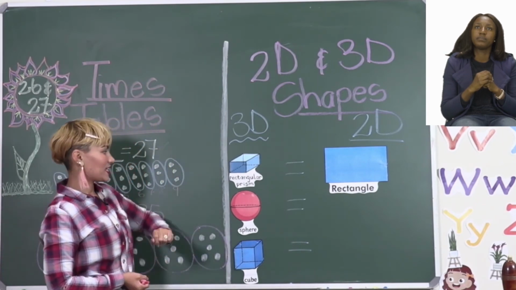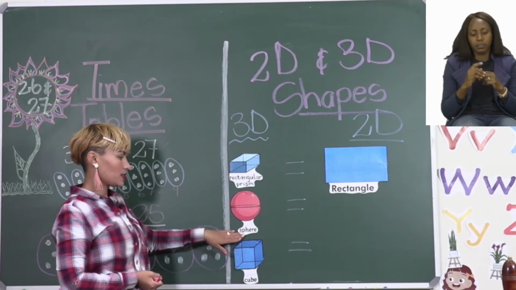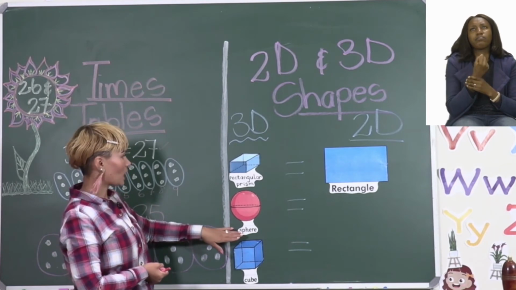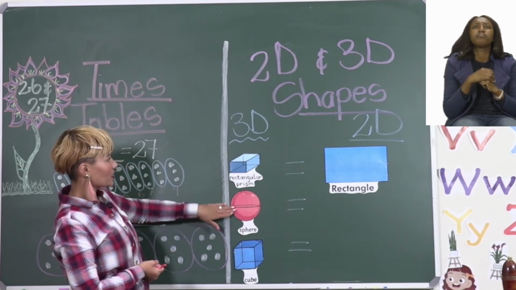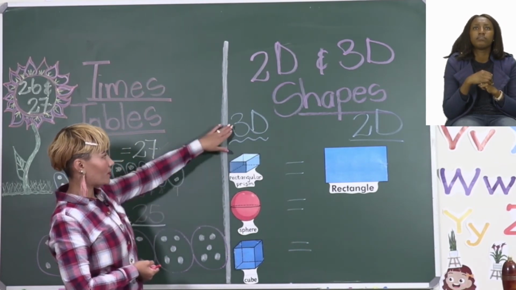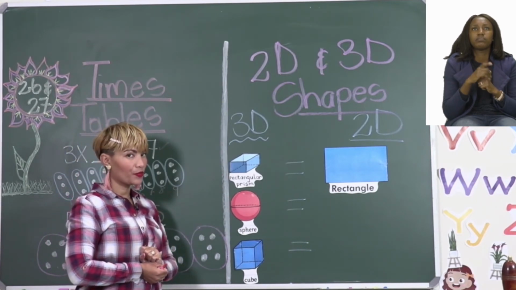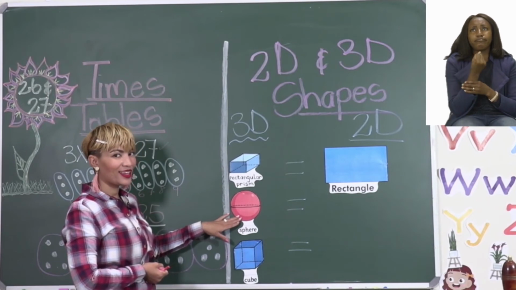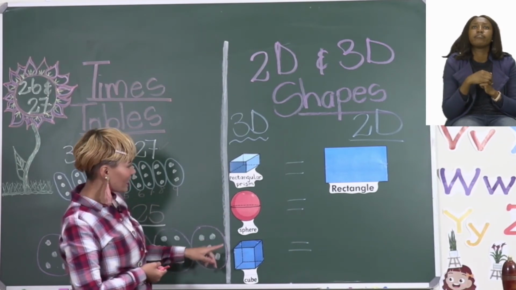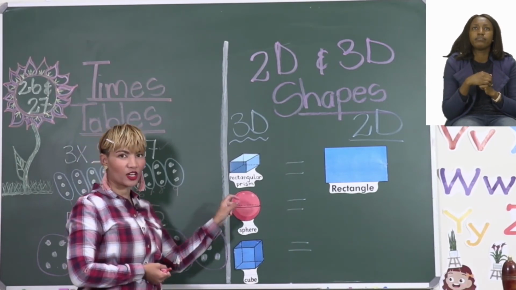Okay, the next example is the sphere. Now a sphere is the 3D version of which shape do you think? What does this one look like? That's right, grade 3s, it looks like a circle.